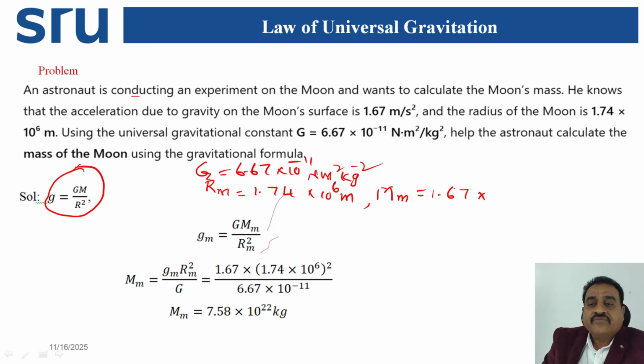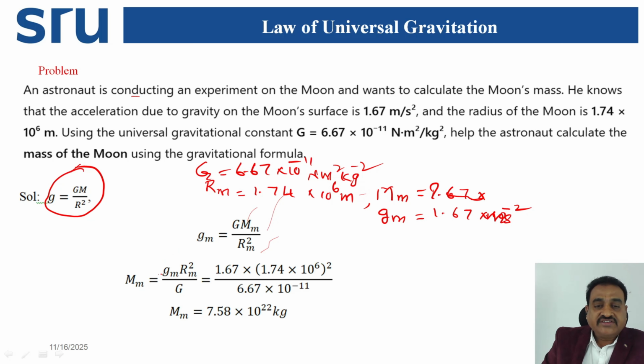We need to calculate the mass of the moon, capital M. The moon's acceleration due to gravity, g_m, is equal to 1.67 meter per second square.